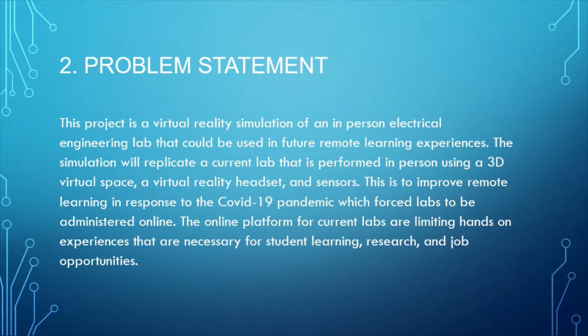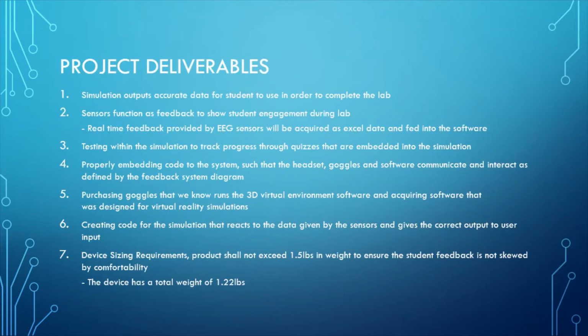job opportunities. Project deliverables. The simulation outputs accurate data from students in order to complete the labs. The sensor functions at the feedback to show the student engagement during the lab. Starting with the simulation to track progress through the quizzes that are embedded in the simulation, properly embedding code into the system such that the headset, goggles, and software communicate.